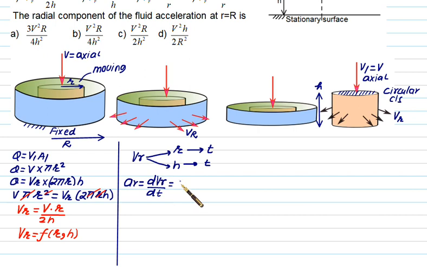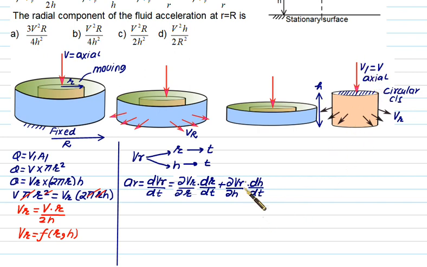That will be equal to del VR by del R into dr by dt, plus del VR by del h into dh by dt. Now we have to introduce what dh by dt is. This h is changing along the axis, and the rate of change of h is the same as V axial.